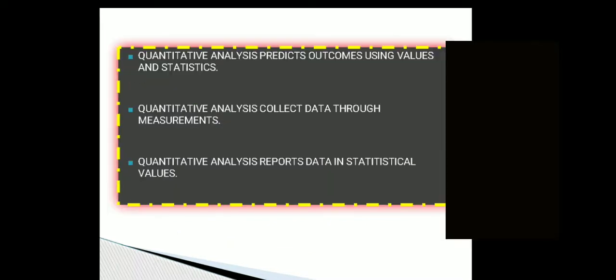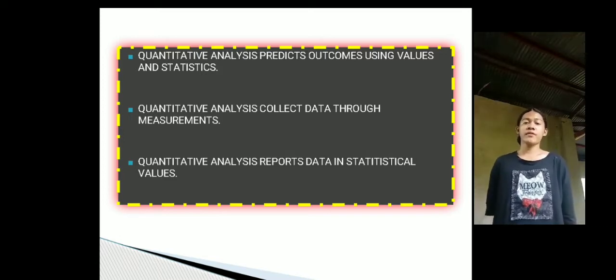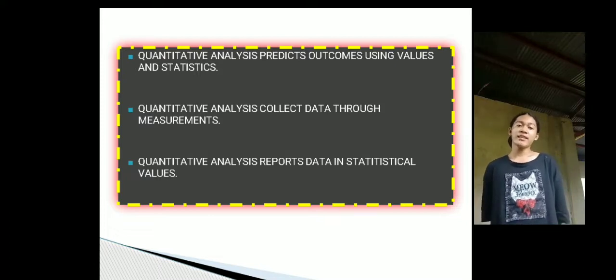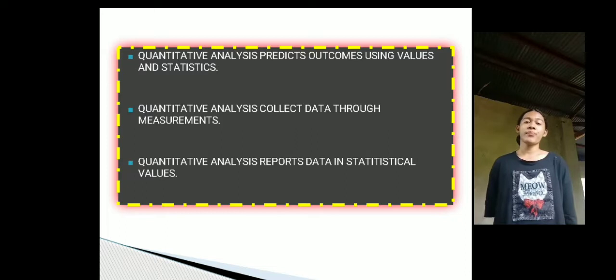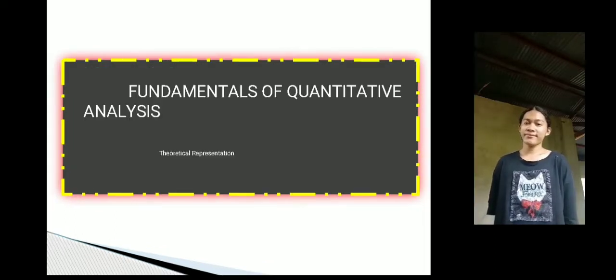So, quantitative analysis predicts outcome using values and statistics. And also quantitative analysis collects data through measurements. And lastly, quantitative analysis reports data in statistical values.